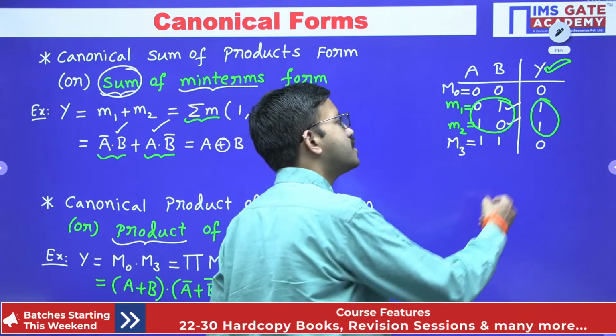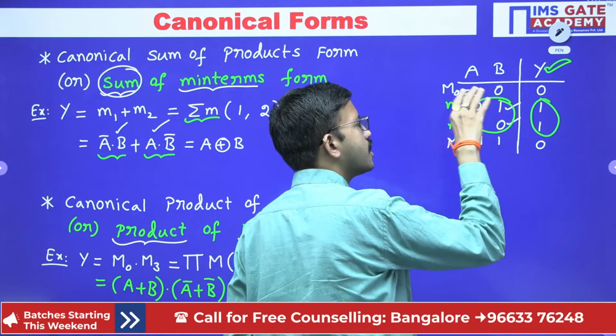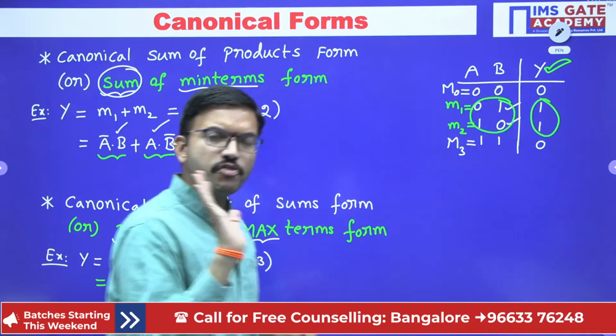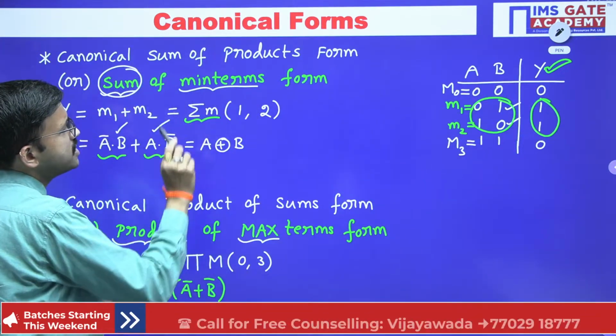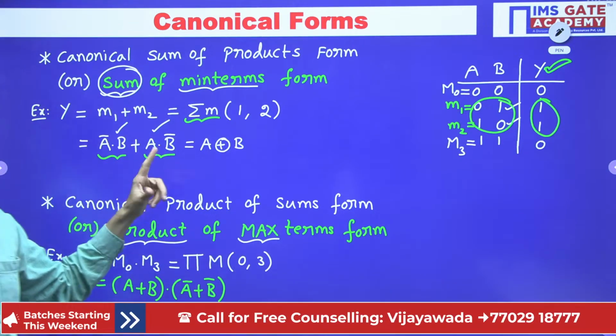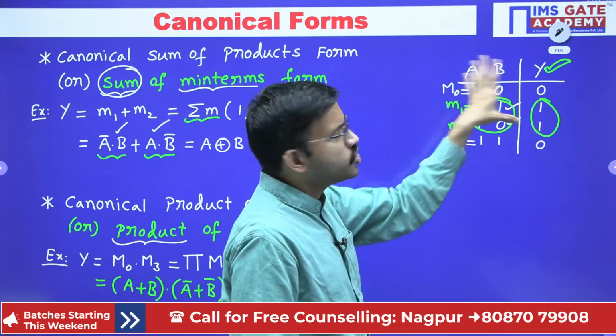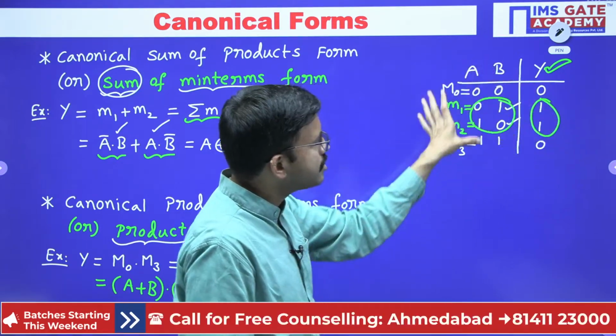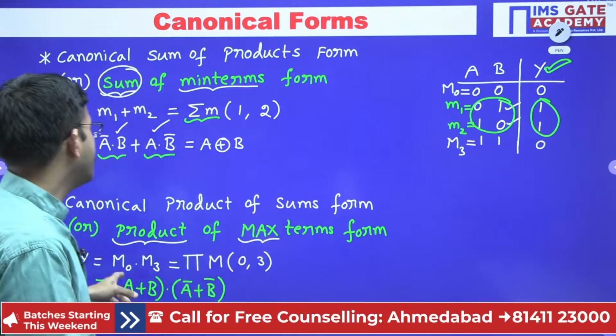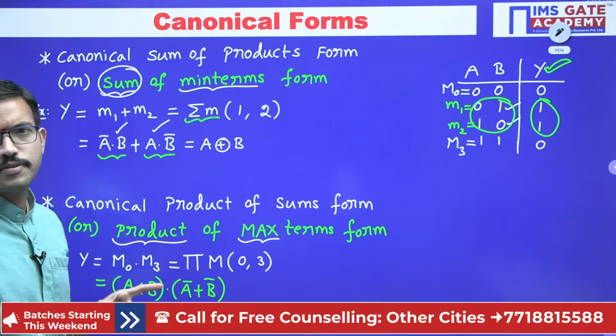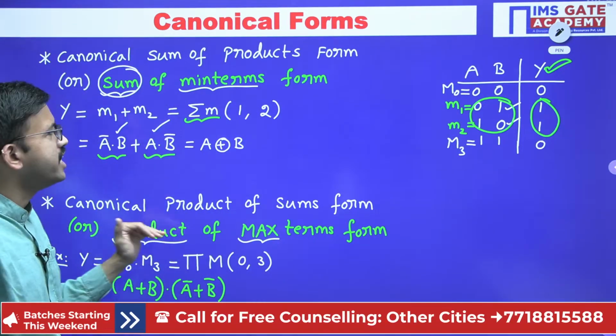So you can consider the set of input combinations for which you get output as 1 and represent the output expression in this form, or you can consider the set of input combinations for which you get output as 0 and represent the output function in this form. Both are functionally equivalent.